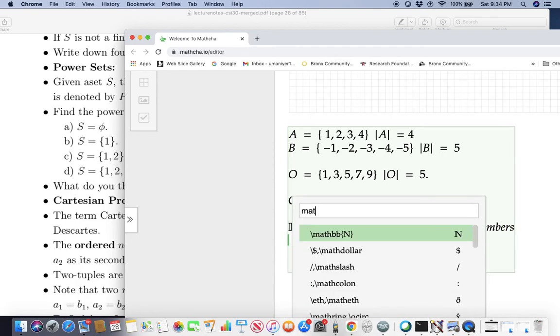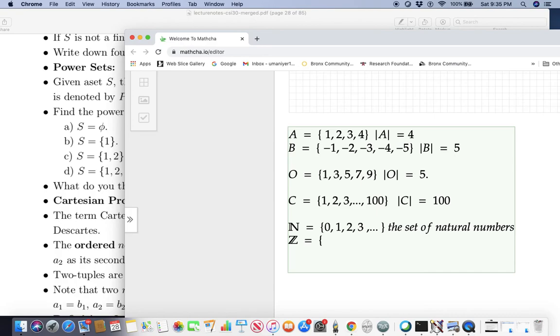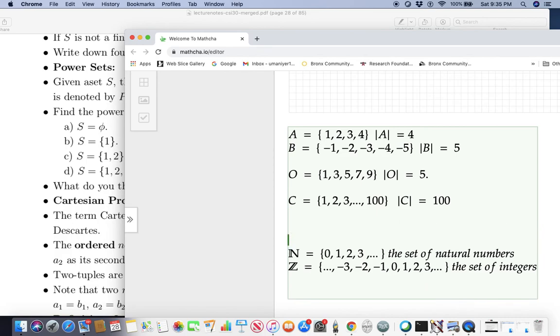And then what about the set of integers, right? Which is unbounded in both directions. So here are examples of infinite sets. And here are examples of finite sets.